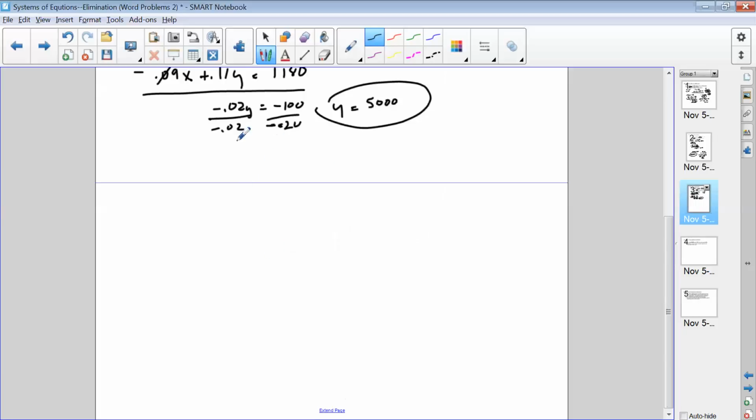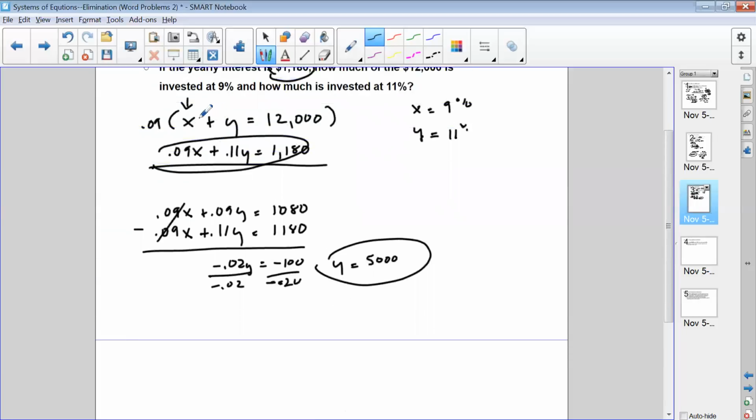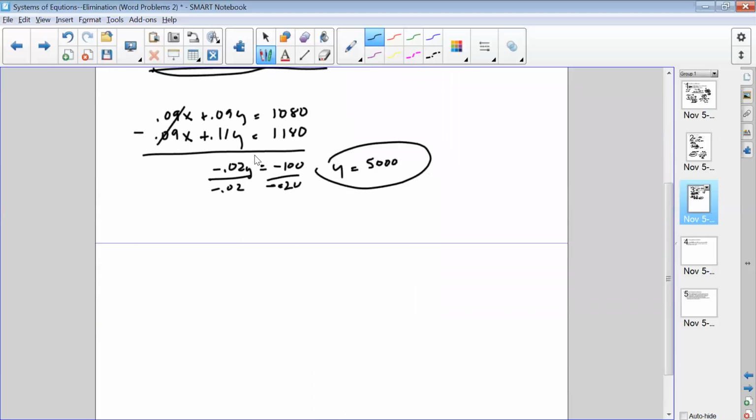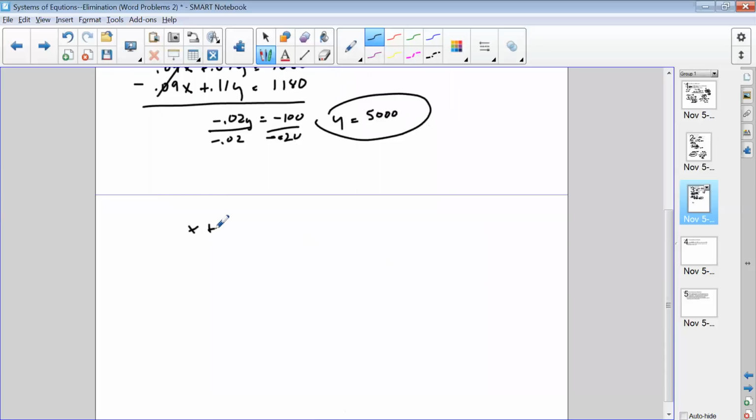if we know we've invested 5,000, so we're going to go back up here, and we knew we had X plus Y equals 12,000. Well, now Y is 5,000, so X plus 5,000 equals 12,000. So X is going to equal 7,000.